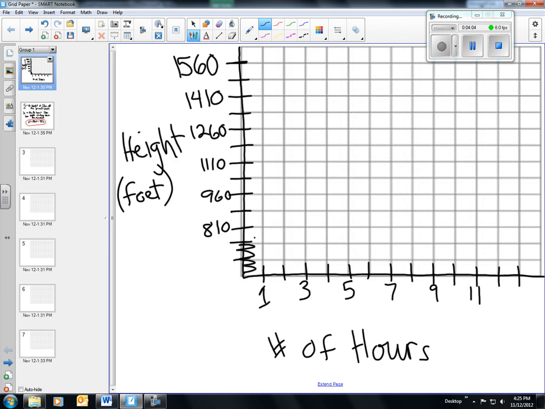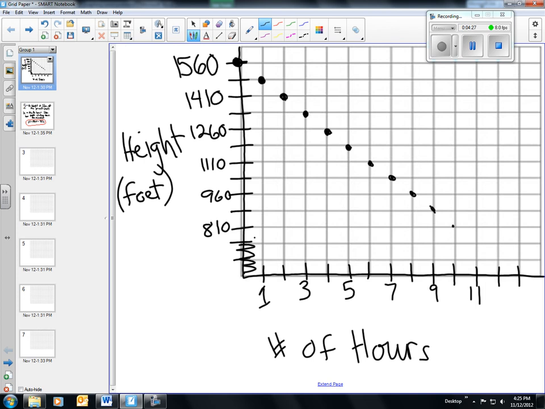So we're starting the climb at time 0, which is here. Before he ever does any climbing is at time 0, and he's at 1,560 feet. After 1 hour, he's gone down 75 feet, which would be 1,485 feet. And then he would continue down 75 feet every single hour as he goes down the mountain.